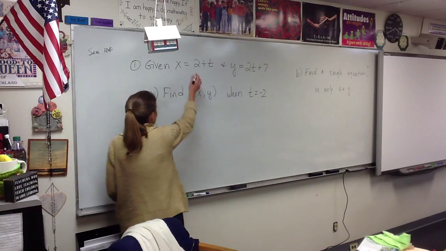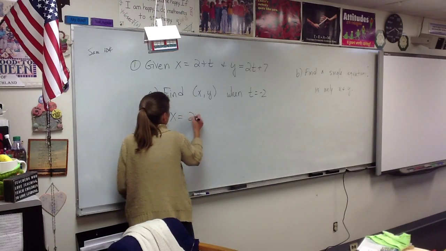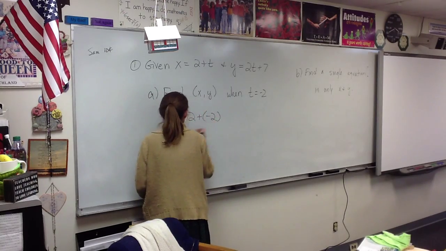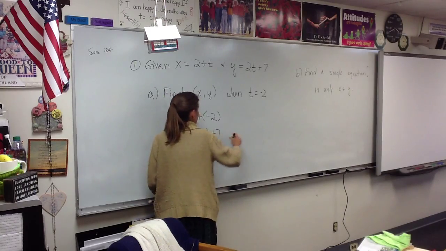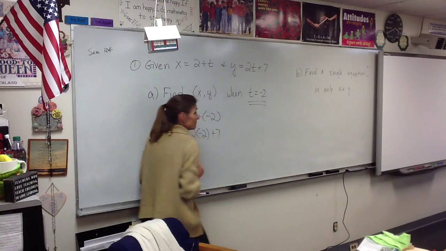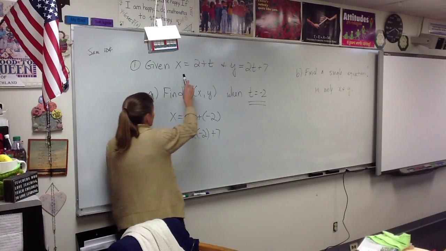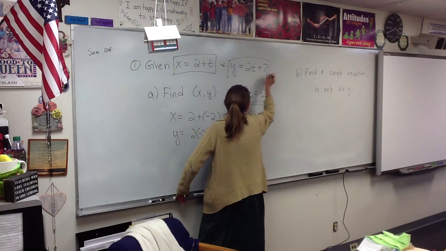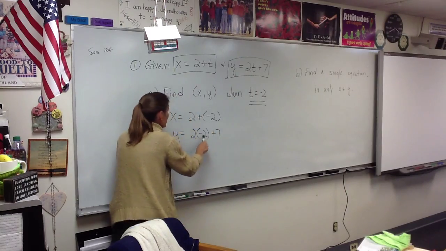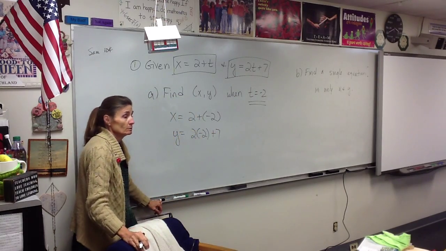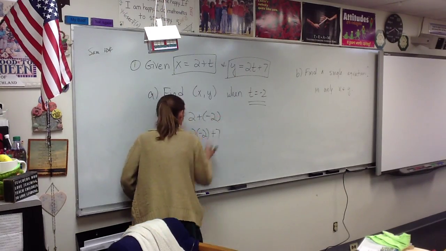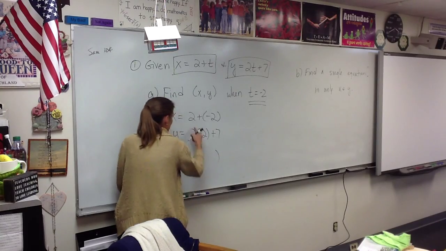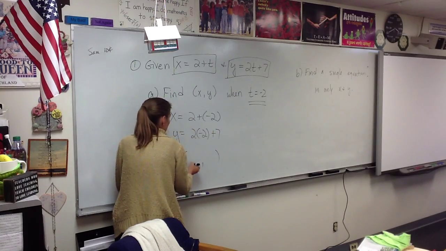Exactly. We'll just come up here and say, okay, I'm going to put in -2 for t. That's what it says. T equals -2. So if I just take each of these equations and I put in -2, what do I come up with? What do I get for x? 0.